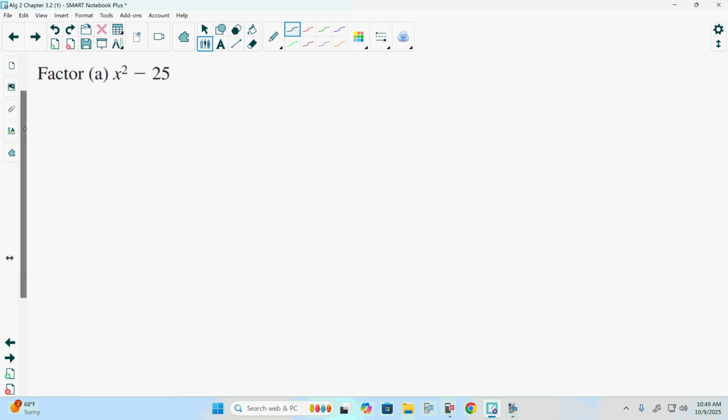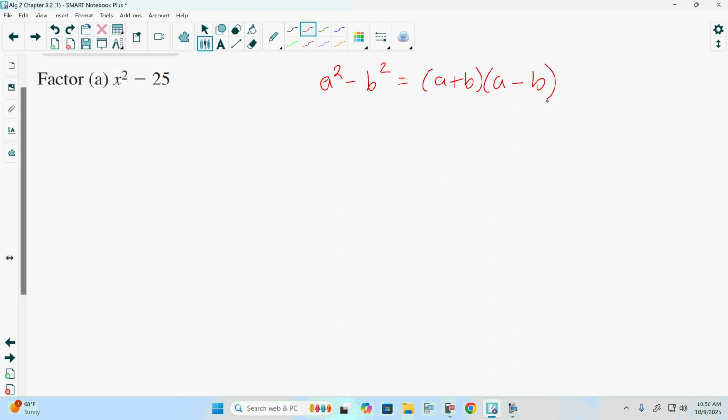So if we look at this first one here, x squared minus 25, we need to see if these two terms are perfect squares, because if we have a difference, subtracting two terms, and they're both perfect squares, they can be rewritten as a number times itself or a term times itself.